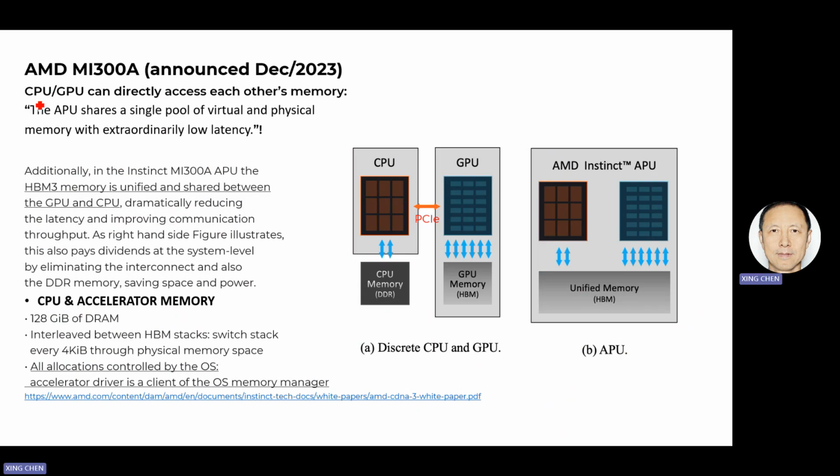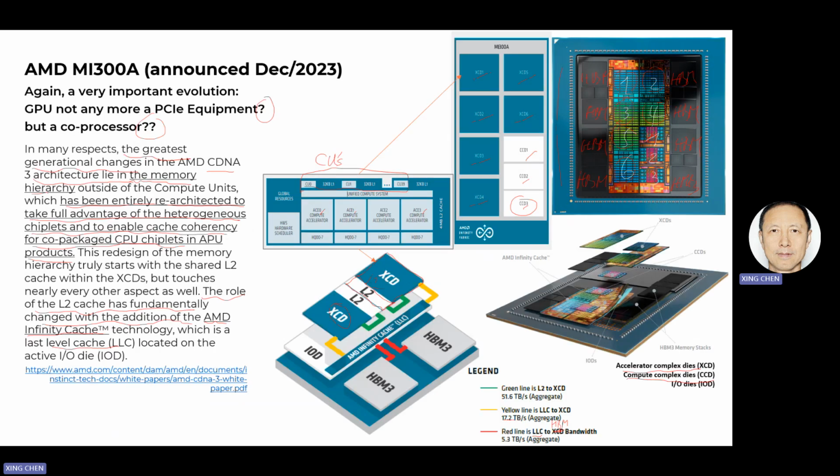Now, with this kind of memory arrangement, if we come back here, after this last level cache, the AMD Infinity cache, you can reach this memory, the HBM memory.